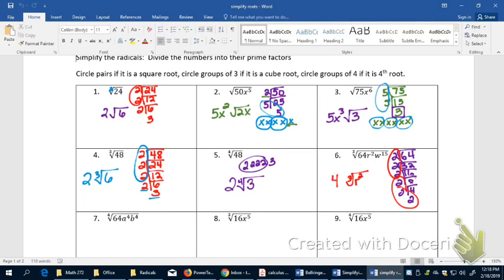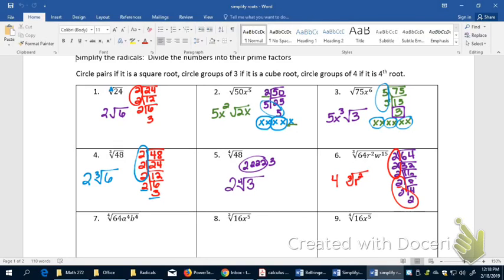Now, the w to the 15. This is where I don't want you to write it out unless you absolutely need to. If you divide the 15 and 3, it'll tell you how many pairs or triples there will be of it, and that'll tell you how many to take out. Okay? So if I divide 15 and 3, what do I get? 5.